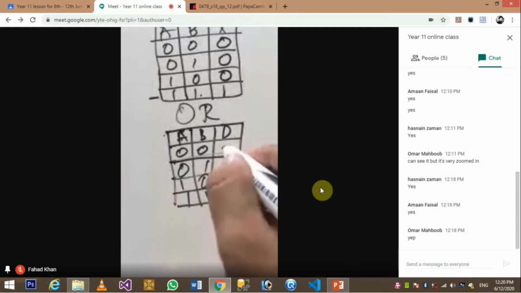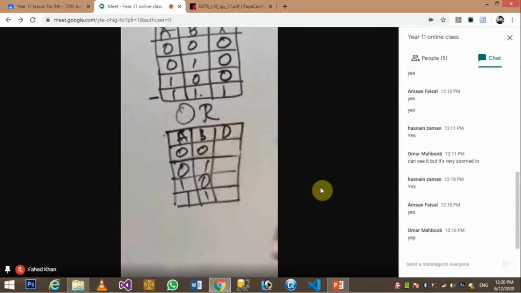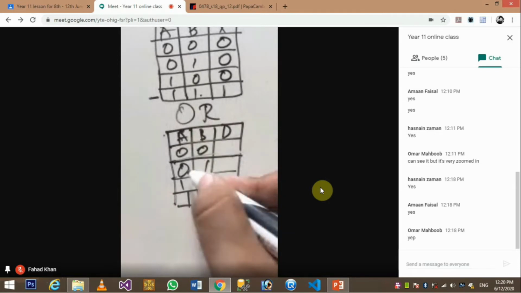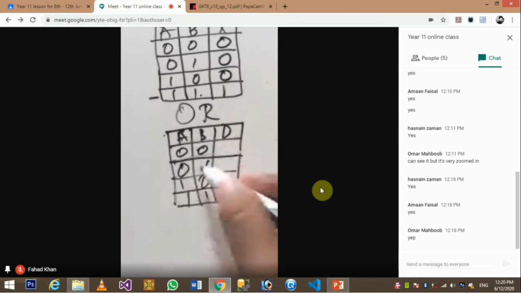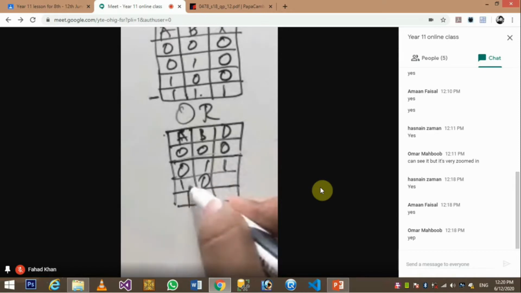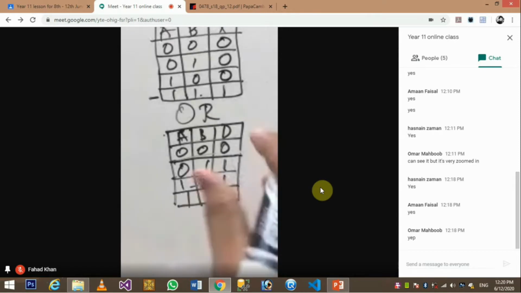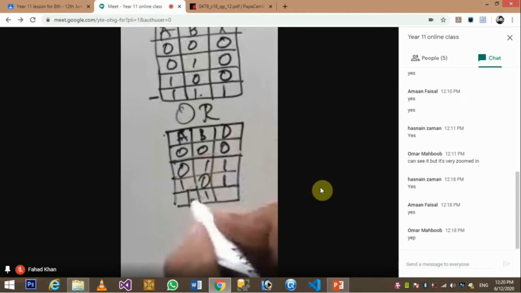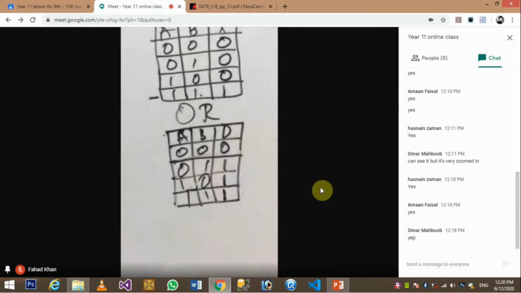So the OR gate says if either of the inputs is 1, the output would be 1. Here both are off, so that will be off. One is on, that would be on. One is on, that will be on. And here both are on, so the output would be on.